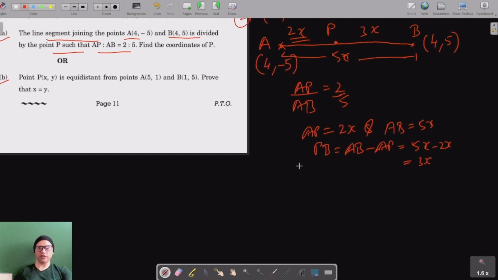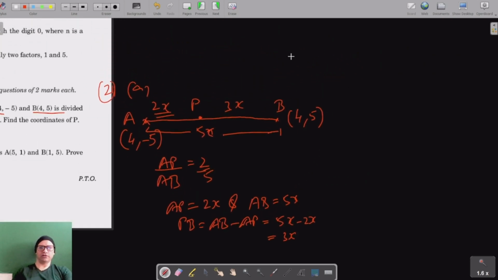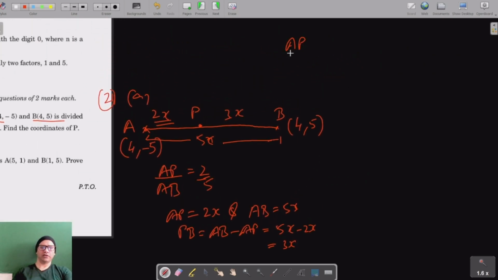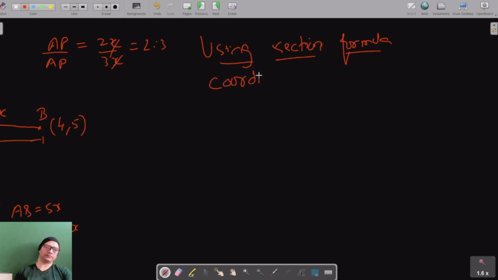Now, to find the coordinates of the point P, we have to get the ratio in which P divides AB. So this is AP is to PB, which is equal to 2x by 3x, and the ratio is 2 is to 3. And now we are going to use the section formula to find the coordinates of P. So let's write down the section formula.